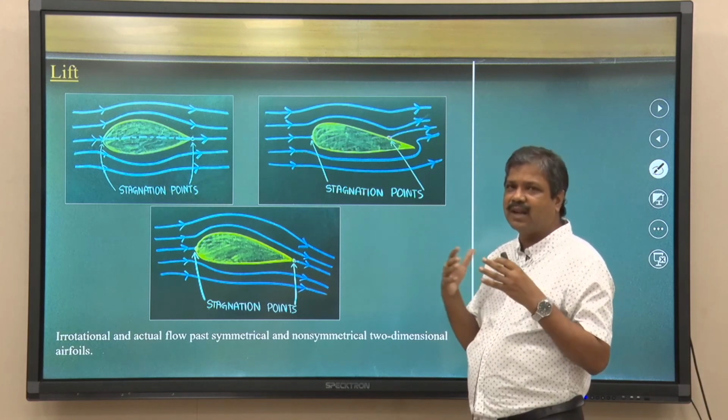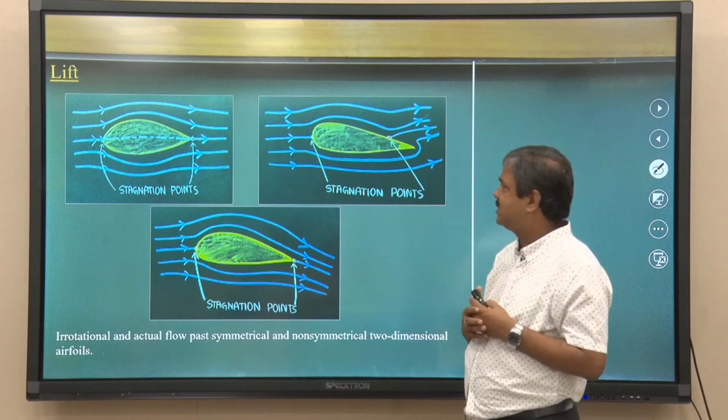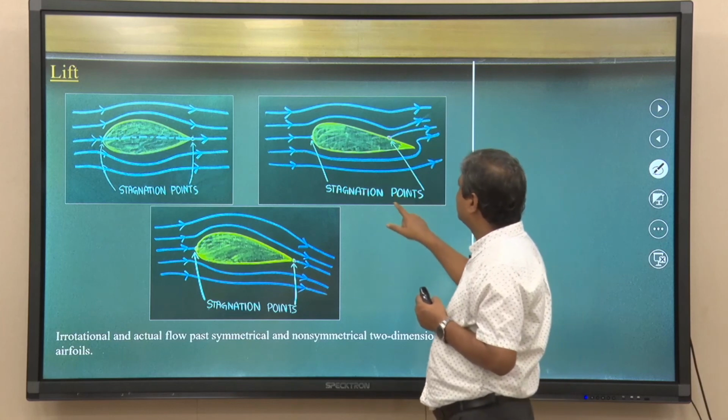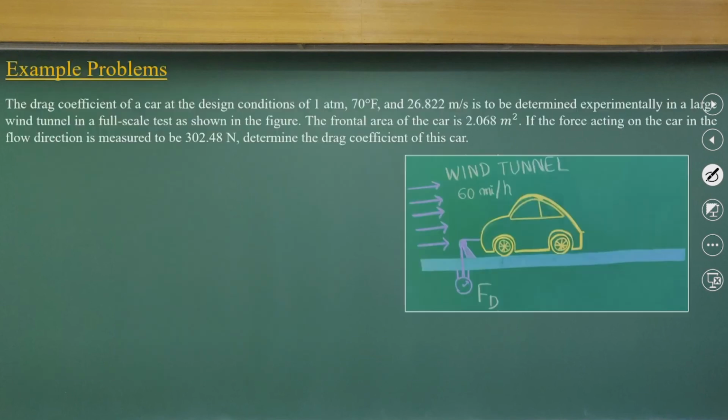That is the reason we try to avoid the formation of flow separation. There are the stagnation points, and you can look at the symmetric and non-symmetric two-dimensional flow around airfoils. So, you can understand it.